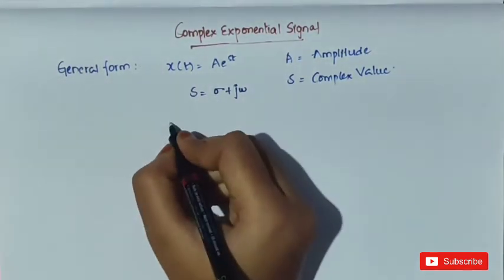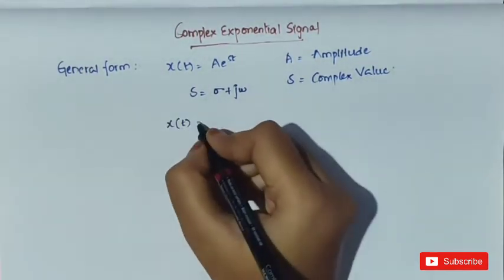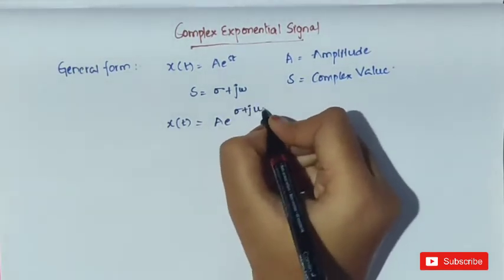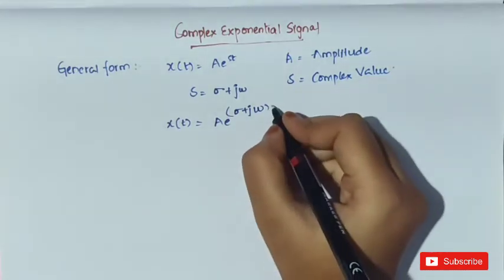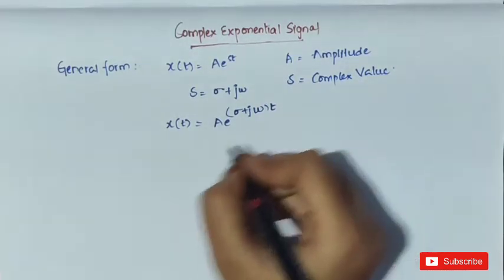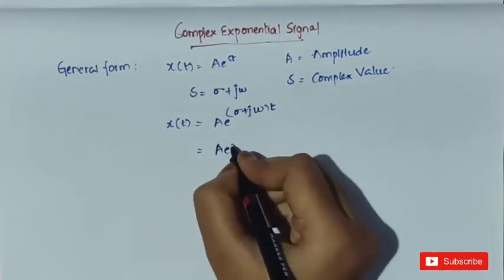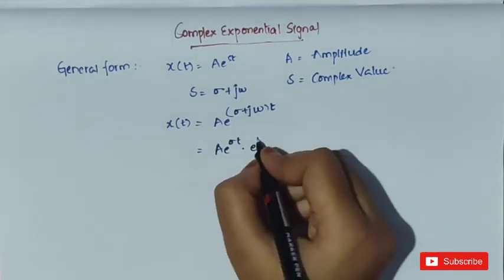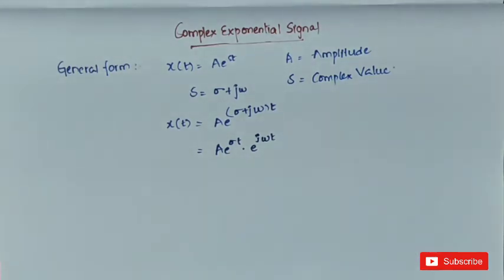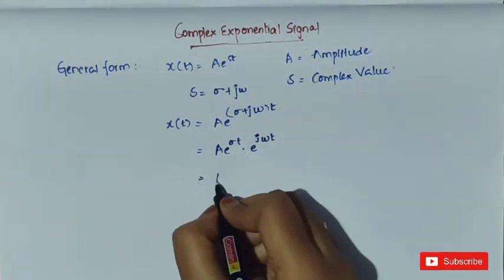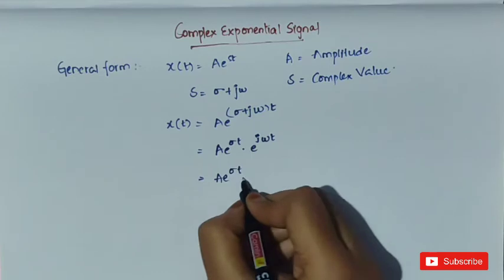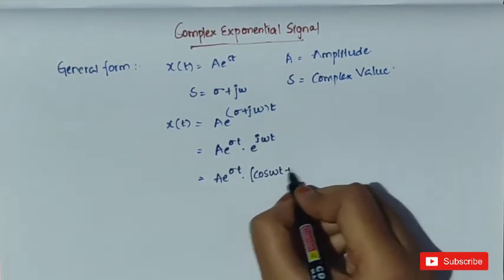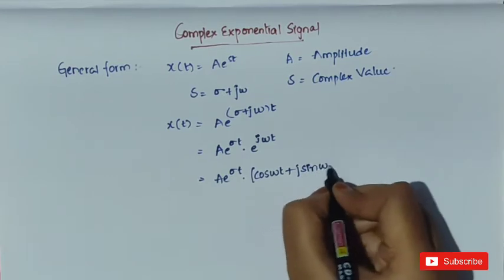So from this we can write x of t is equal to a e power (sigma plus j omega) t, which can be written as a e power sigma t into e power j omega t, where e power j omega t is equal to cos omega t plus j sin omega t.